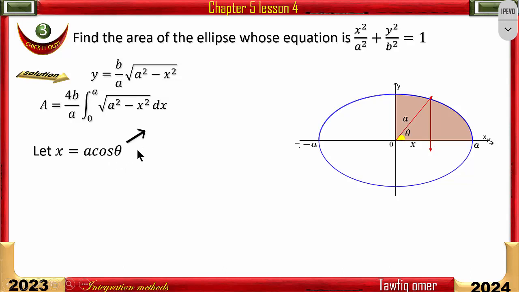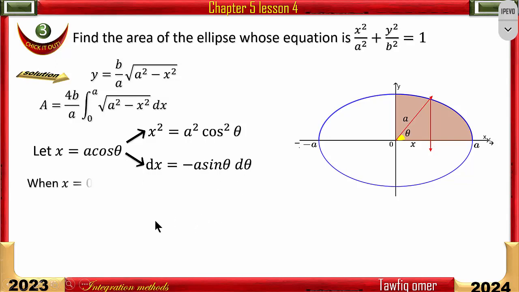From this one, squaring both sides, x squared is equal to a squared cosine squared theta. And by taking the derivative, dx is equal to a times the derivative of cosine, which is minus sine theta d theta.